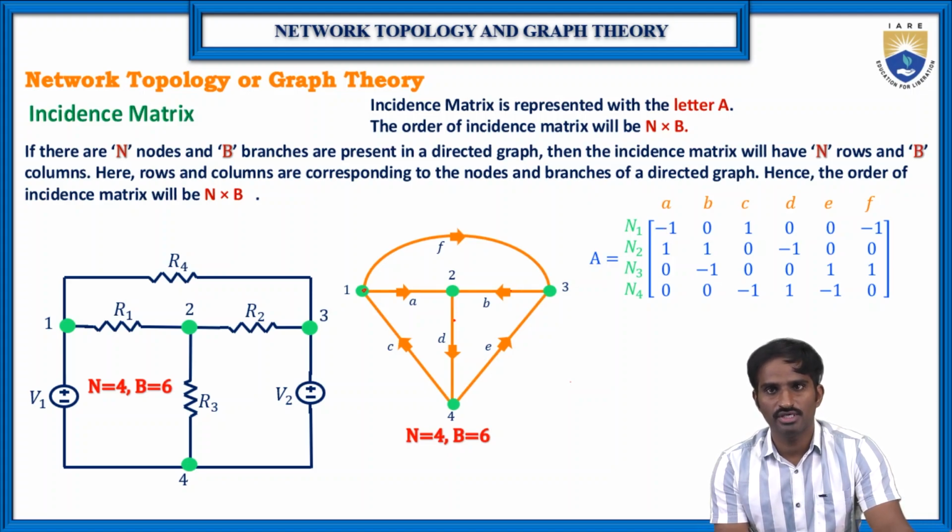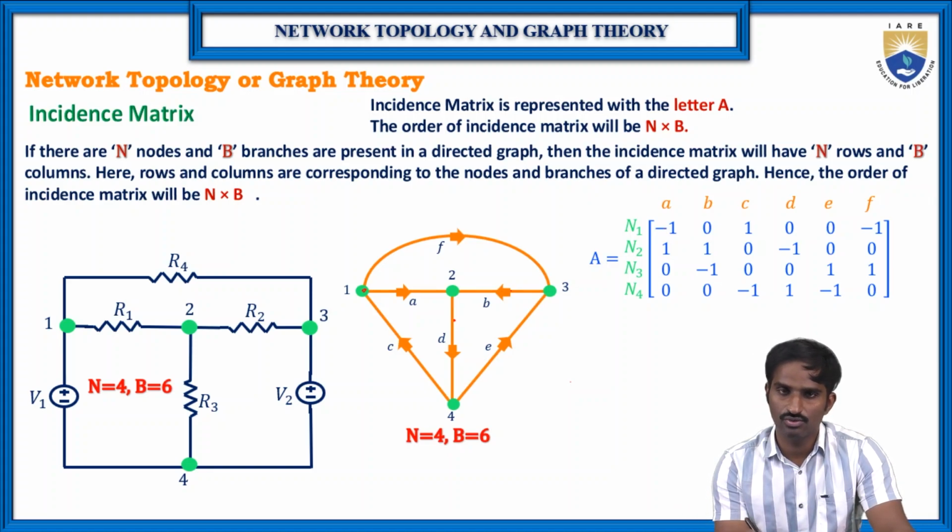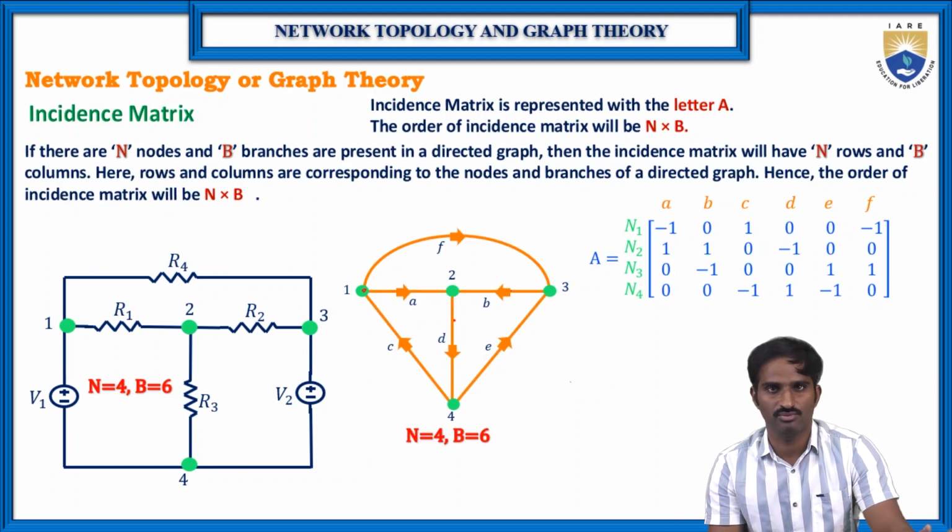And then you can check from the first node, what are the branches which are connected to the node 1? Then we will assign the 1 and other branches 0. And if the direction is towards the node 1, then +1, and if the direction is away from the node 1, then -1. Very simple, right? This is about the incidence matrix.